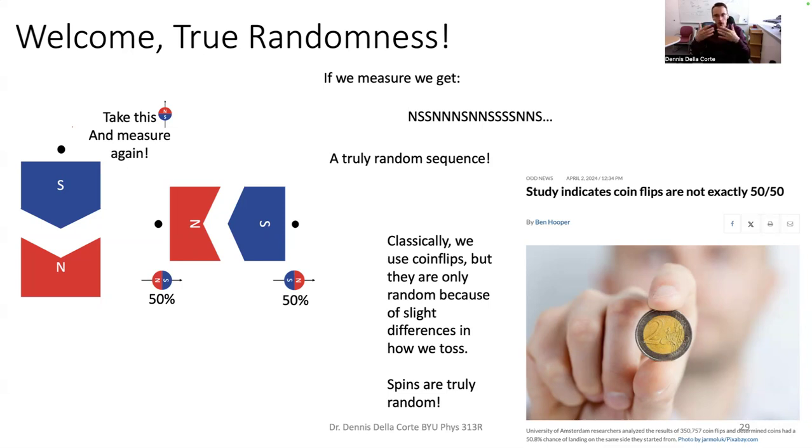So if you keep on flipping a coin, it will look like a random sequence, but it's only because there are microscopic changes in the initial conditions that you can't really perfectly control for. So they're not truly random. It's a random experiment that is random due to chaotic behavior that is triggered by the different initial conditions.